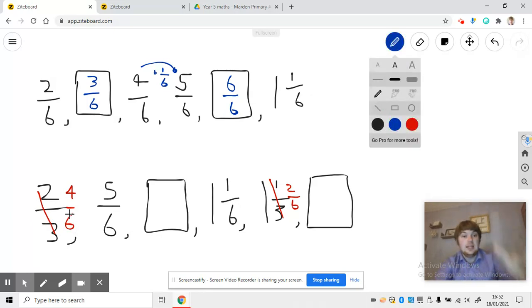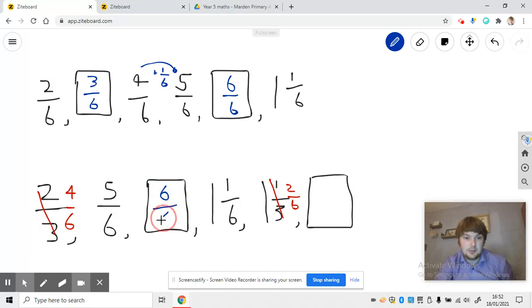And you'll see the pattern is very similar, therefore, to what appears above. So we go from 4/6 to 5/6 to 6/6 to 1 and 1/6 to 1 and 2/6 to then 1 and 3/6. So it's just looking at those equivalents that are going to help you out.